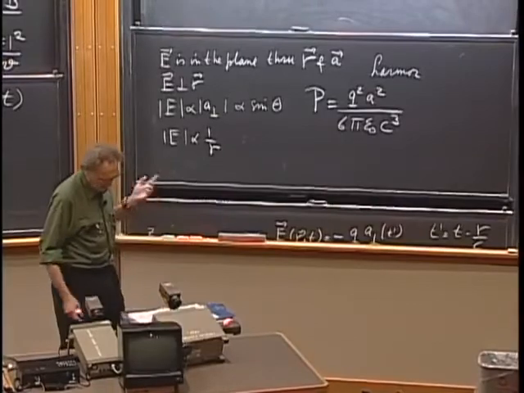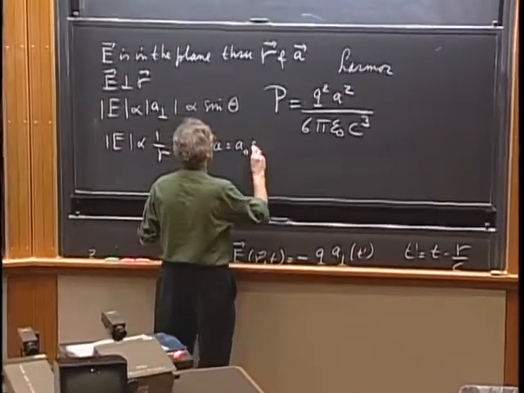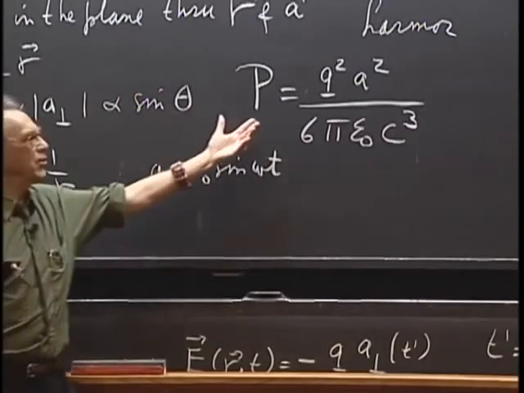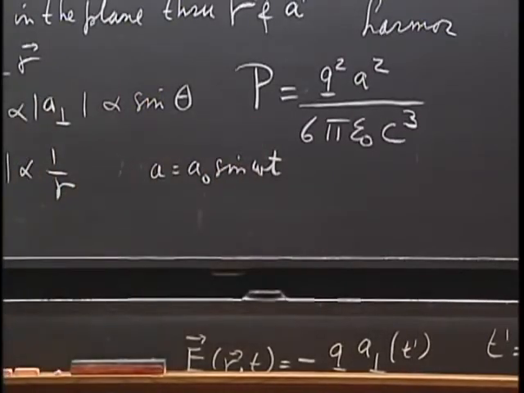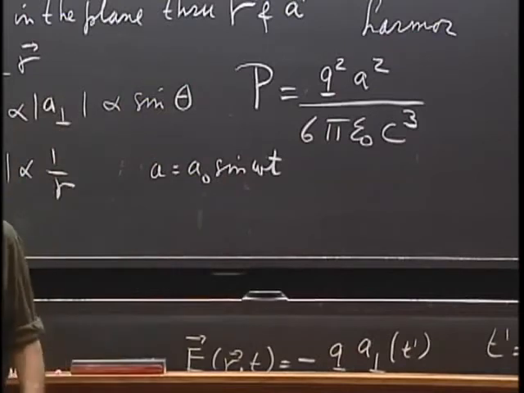Now, if A is oscillating, if A is A0 sine omega t or cosine omega t, then you can calculate what the mean value of the power is during one oscillation, and then you will get here the average value of the sine square omega t then becomes 1/2, of course.